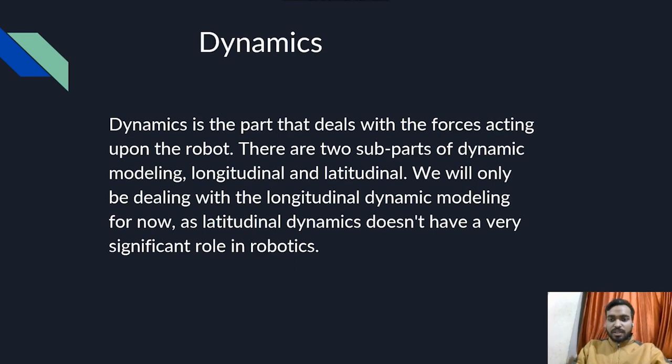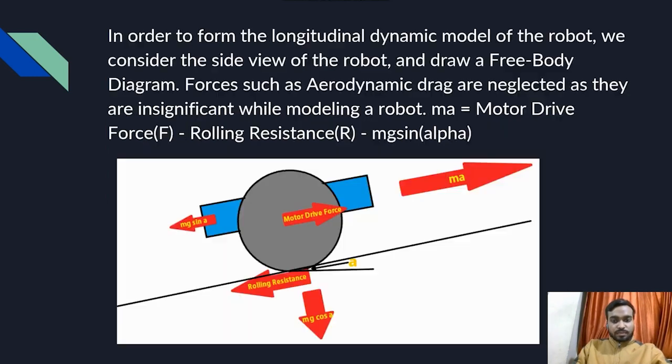That is, now we will deal with the forces acting on the bot and we shall conserve the forces in the horizontal and vertical directions. So for the basic bot, moving on an inclination against a rolling resistance, if the net acceleration is a, that is the net force is ma, it faces a retardation in the form of rolling resistance r as well as mg sin alpha, where alpha is the angle between the inclination and the horizontal surface.